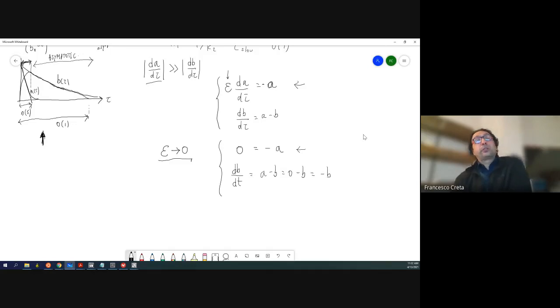We have reduced the system from 2 ODEs to 1 algebraic equation, I'm shortening it to algebraic constraint or equation. This is it: 0 equals A, plus only 1 ODE. Not only that, but up here you had 2 timescales.